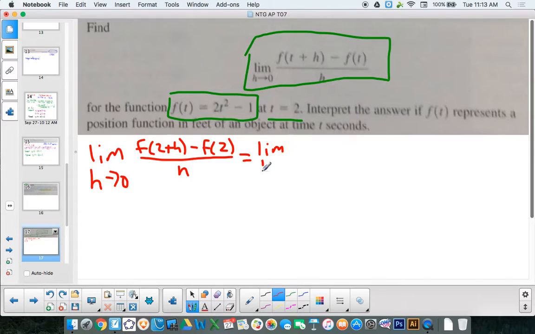the limit as h approaches 0. Let's plug 2 plus h in, so we got 2 times 2 plus h squared minus 1, minus f of 2, which would be 2 times 2 squared minus 1, all over h.